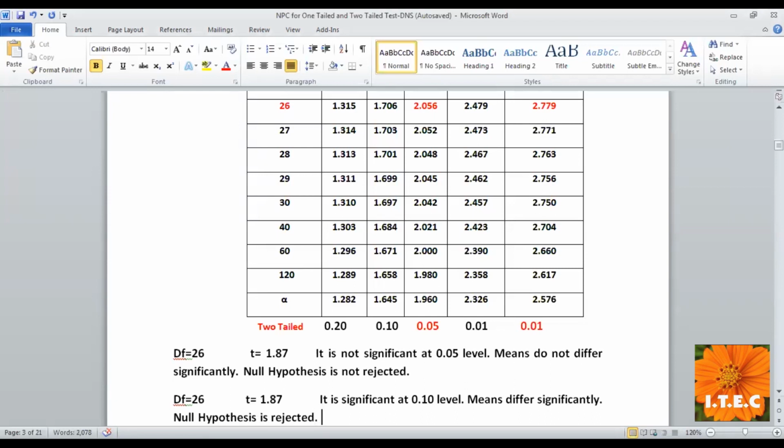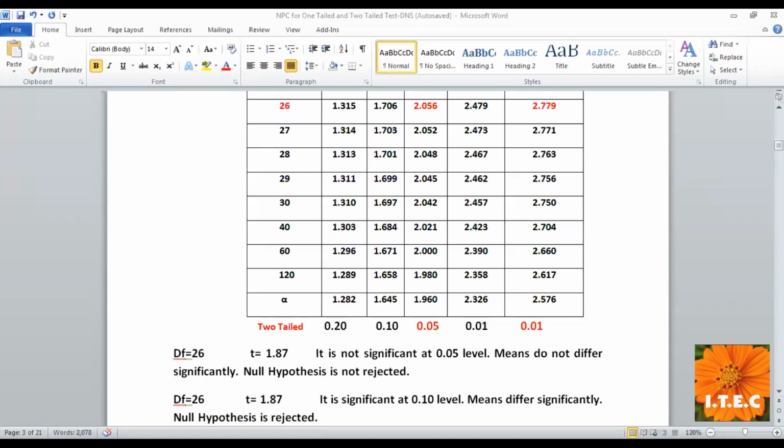Now understand, I'm speaking something very important and you should understand now. In reality, the null hypothesis should not be rejected, but the researcher decides to reject it. It is called type 1 error.